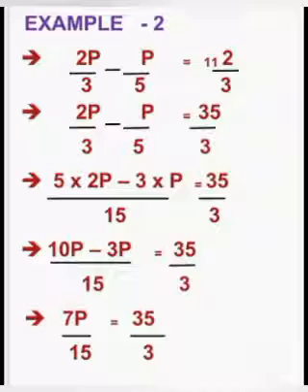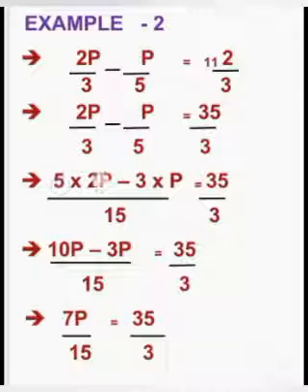Now first let us take the LCM of the denominators on the left hand side. So LCM of 3 and 5 is what here? 15, isn't it? Now let us simplify this one. 3 times 5 is 15 into numerator 2p, minus 5 times 3 is 15 into numerator p, which is equal to 35 by 3.